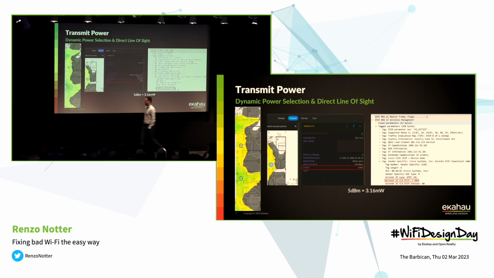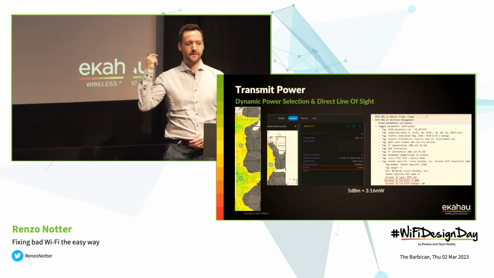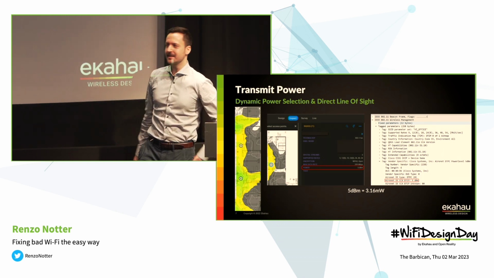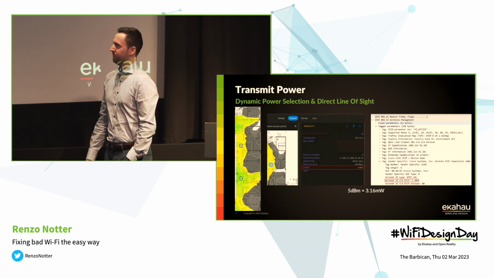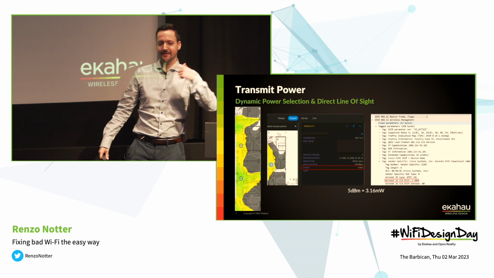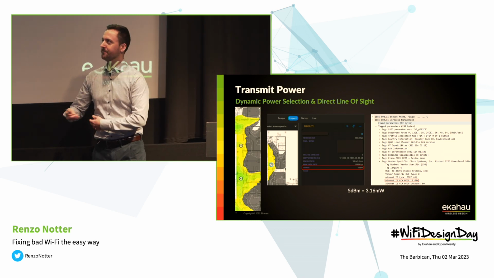So this example here on the left side, this is a long hallway with rooms onto the right side. I was called to this customer, the design was already made, they had placed around 500 access points, more or less like this. When we go back to my first slide, the best way to answer this would be, let's make a proper design.